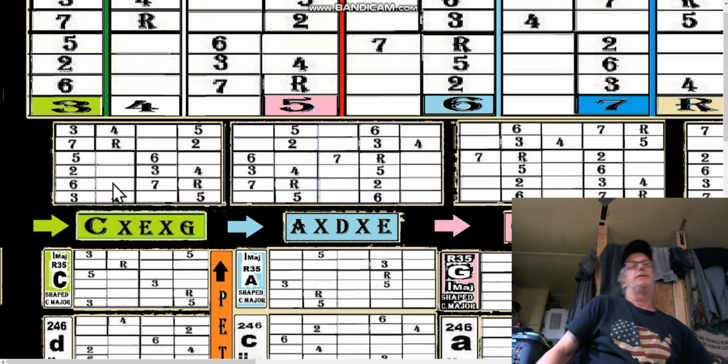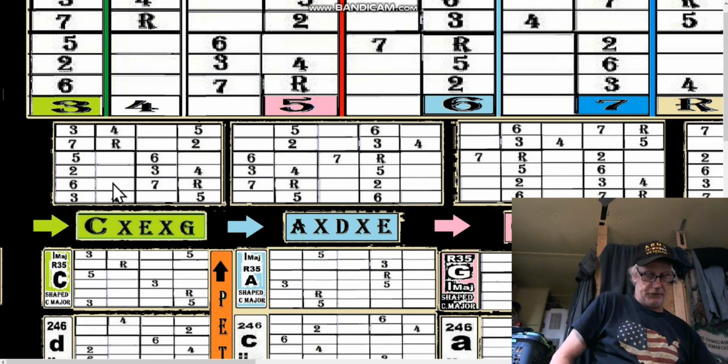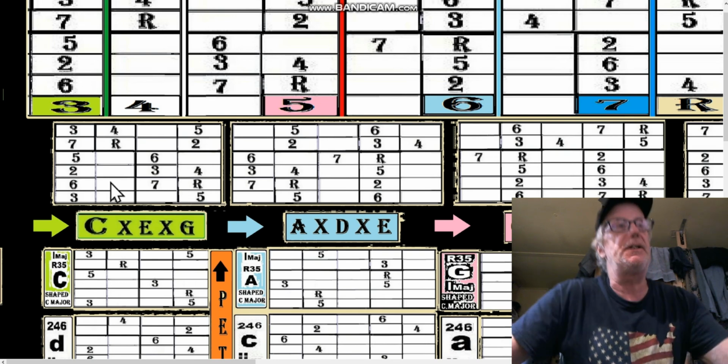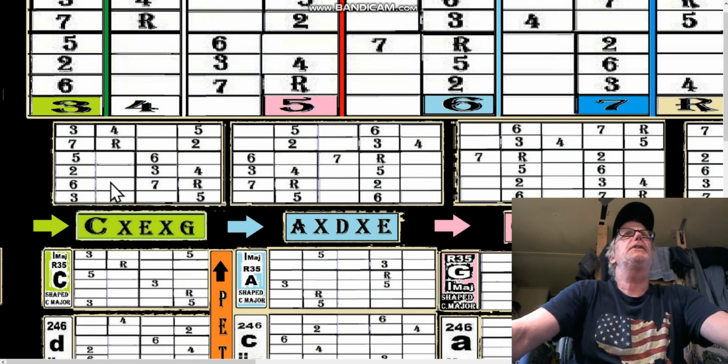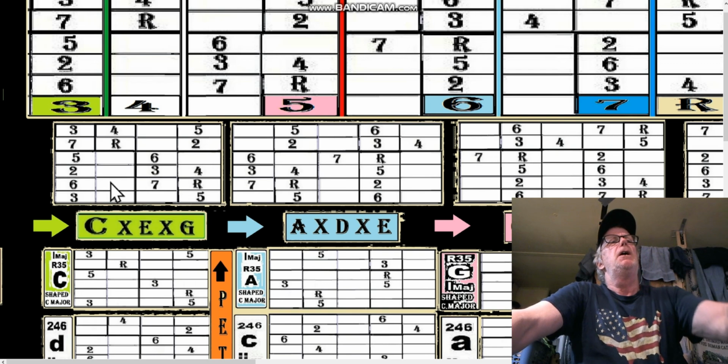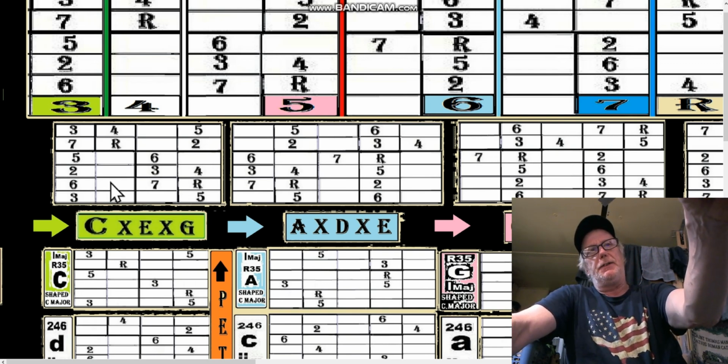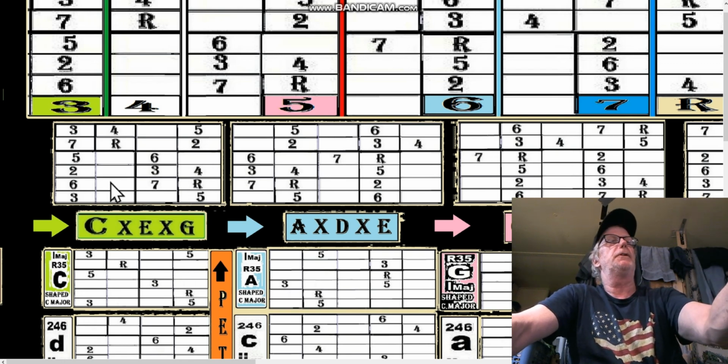So just to mention that, you can't just suspend chords or even do dominant sevenths. Now on dominant sevenths, let's just mention that for a minute. You can do a G dominant seventh and stay in the C mode. Okay, you can do the minor dominant seventh.